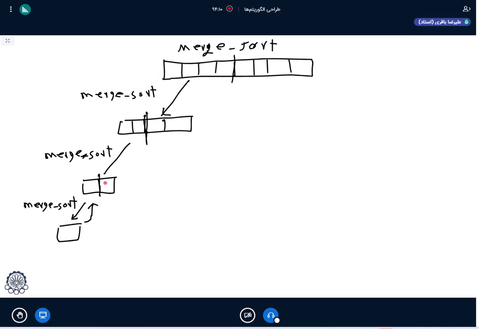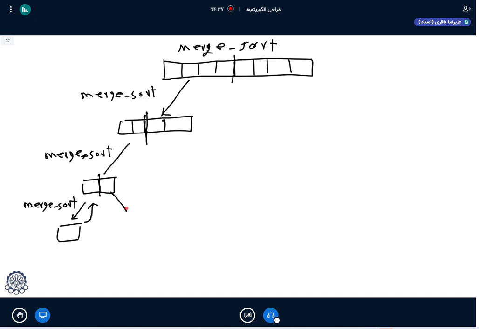Okay. So this merge sort returns, and we come back to the merge sort of the upper level. In the upper level, the first function call for the first part has been done, so it makes a call for the second part.